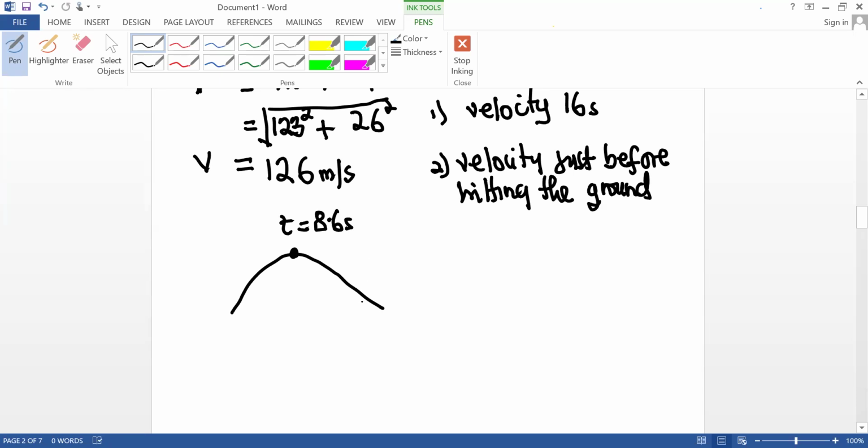And then you see the time of flight is also twice this, 17.2. So meaning if this is the ground, at 16 seconds, it must be about to hit the ground. So this is how you have to figure out the question. At 8.6 seconds, it has reached the maximum height. So any time beyond 8.6 means that it is coming down.